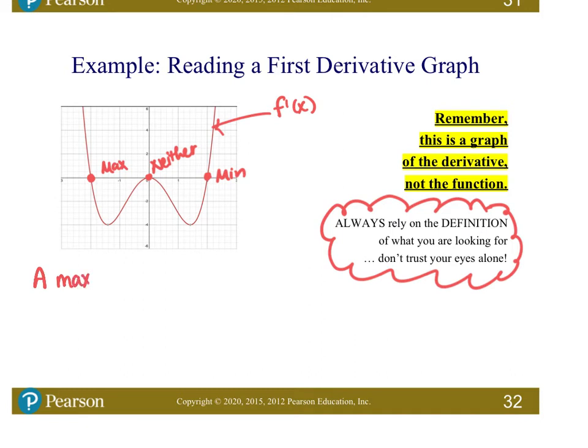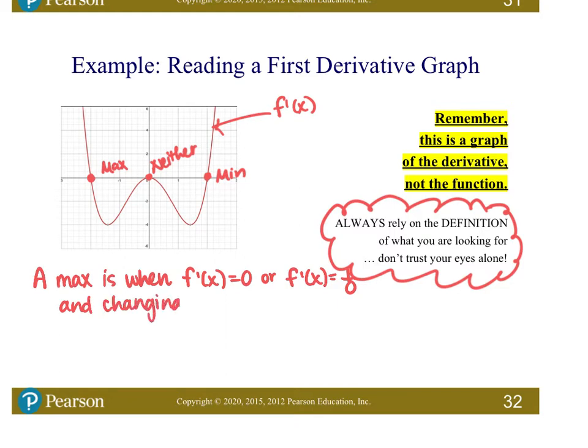A max is when f prime of x equals 0 or f prime of x is undefined, and changing from positive to negative. That's how I knew that was a max. Because f prime, which is what I'm looking at, was equal to 0 and changing from positive numbers to negative numbers.